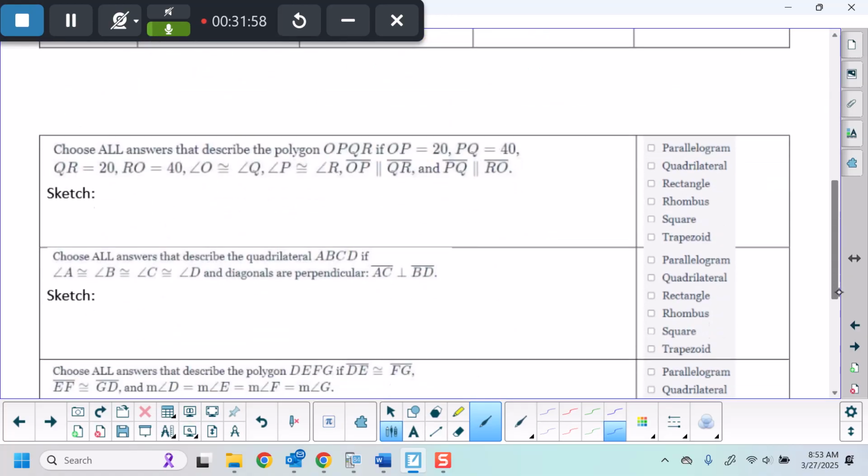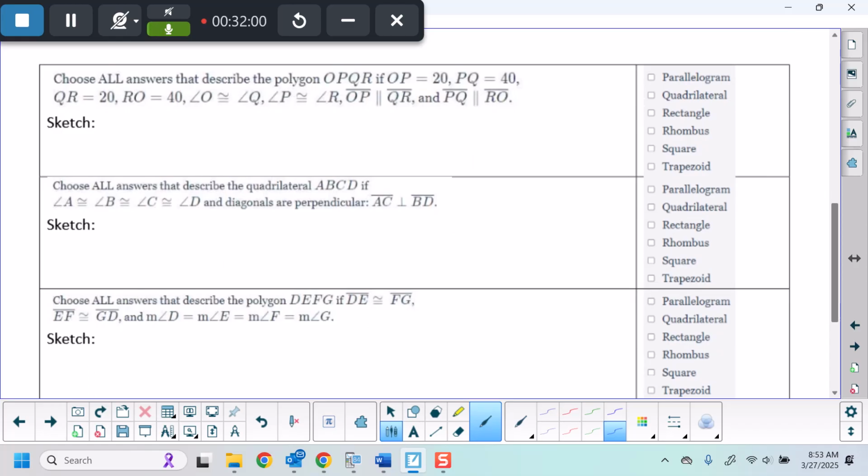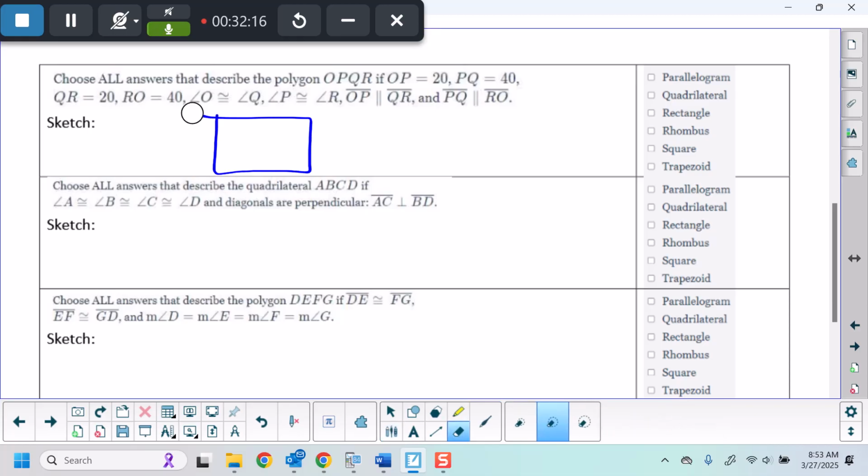All right, coming down to the second half. Choose all answers that describe the polygon if all of these things are true. So there's absolutely no way, well, I shouldn't say that because maybe some of you can, but let's go ahead and draw a sketch so we can see what's true for quadrilateral OPQR.